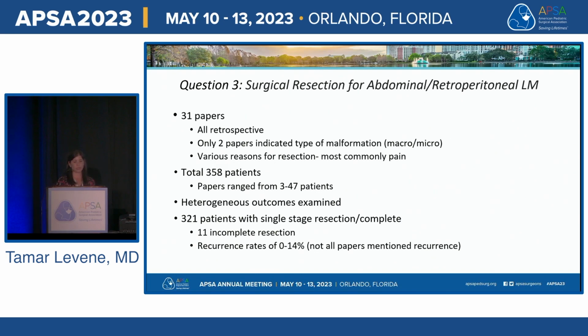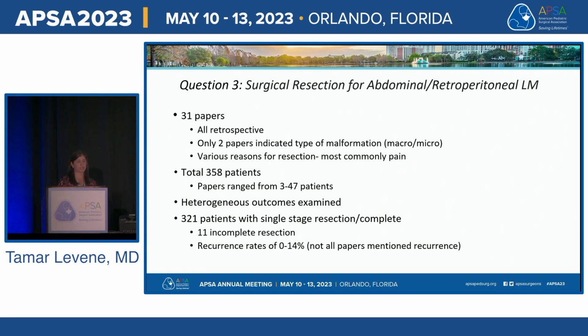Now, shifting gears to abdominal and retroperitoneal lymphatic malformations, there were 31 papers that were included. These were all retrospective, and only 2 of these included the subtype of malformation, whether it was macrocystic or microcystic. There were various indications for resection, and the most common indication was that of abdominal pain. There were 358 patients that were included, and the papers reported anywhere from 3 to 47 patients.